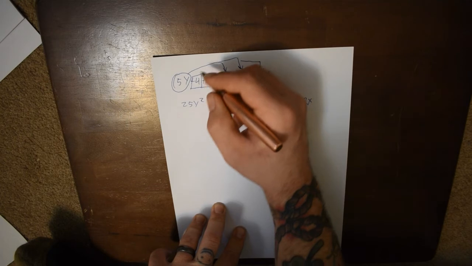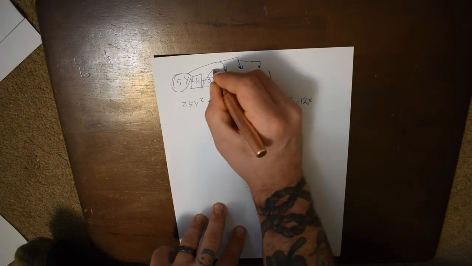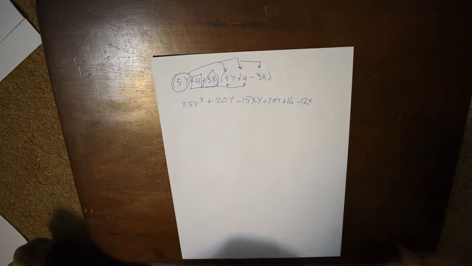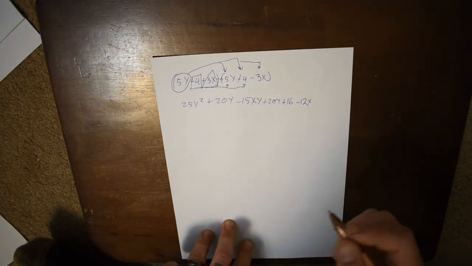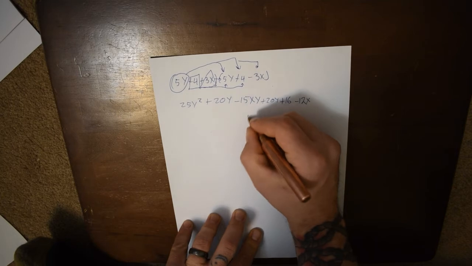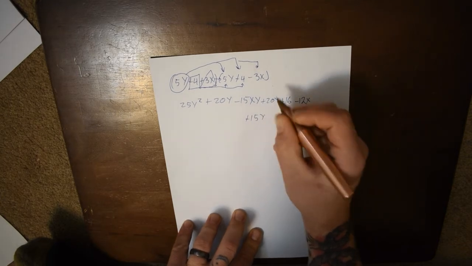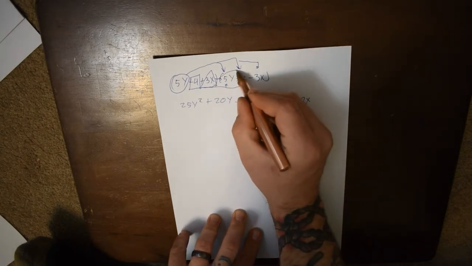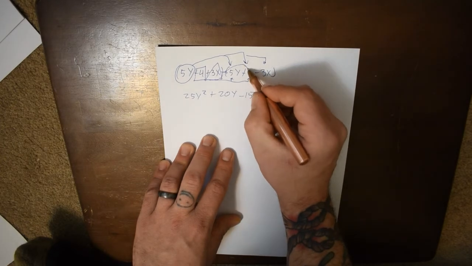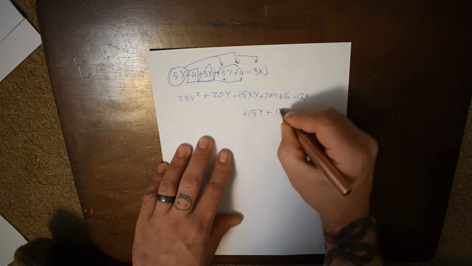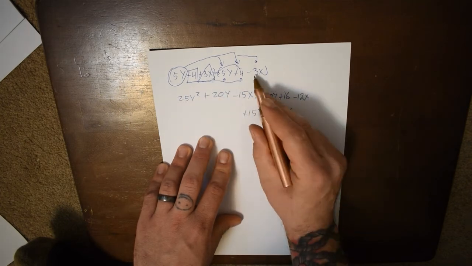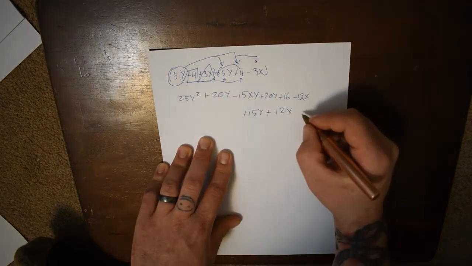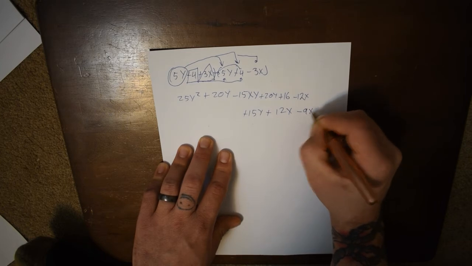I did a circle, I did a square, so let's do a triangle, I suppose. 3x is going to get multiplied into the 5y to give us a plus 15xy. 3x is also going to get multiplied into the 4 to give us a plus 12x. And then lastly, 3x is going to get multiplied by a negative 3x to give us a negative 9x squared.